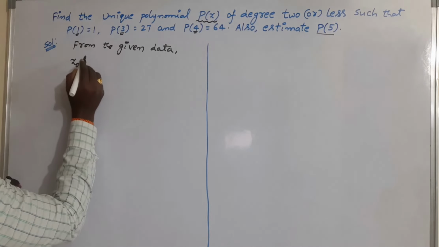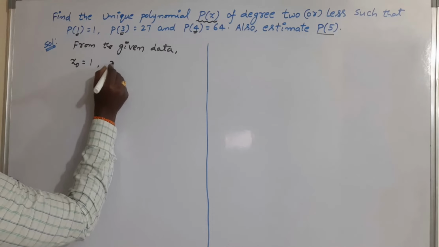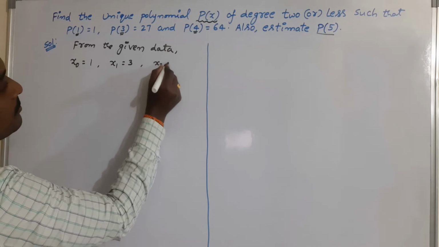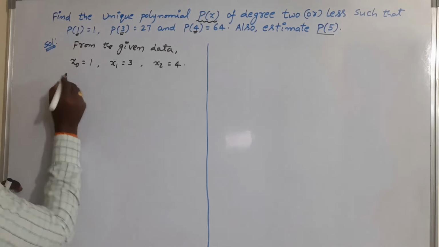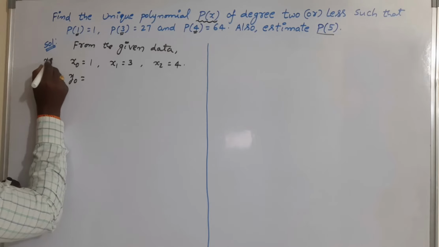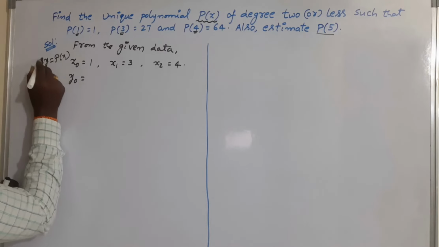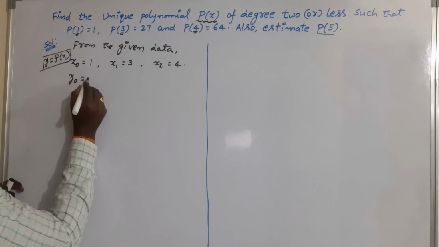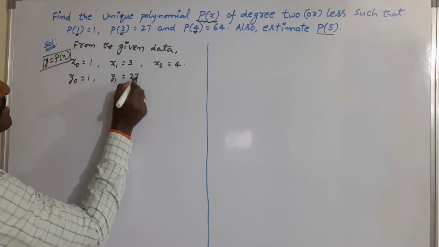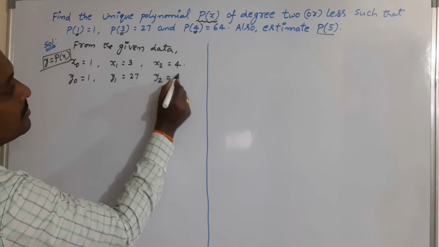So x naught we can take as 1, and x1 is equal to 3, x2 is equal to 4. Okay, and with respect to these, the y values: here y is nothing but a function in terms of x. Y is equal to p of x. So y naught is 1 and y1 is equal to 27 and y2 is equal to 64.